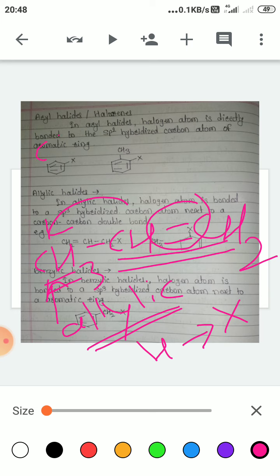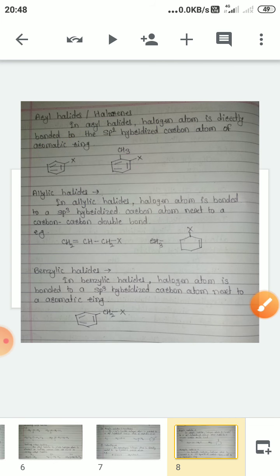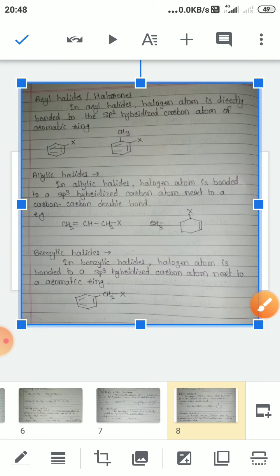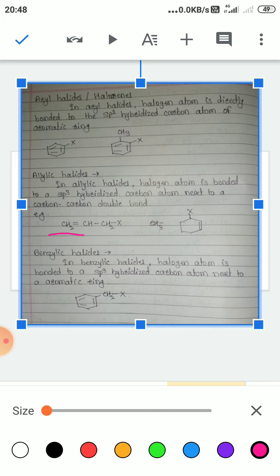Or you can simply consider it like this: CH2 double bond CH CH3, this is the sp3 hybridized carbon atom, and this sp3 hybridized carbon atom is next to the carbon-carbon double bond. Therefore these are called allylic halides. Now see the examples of allylic halides. The same we have taken here for propene. Now this is an open chain allylic halide.